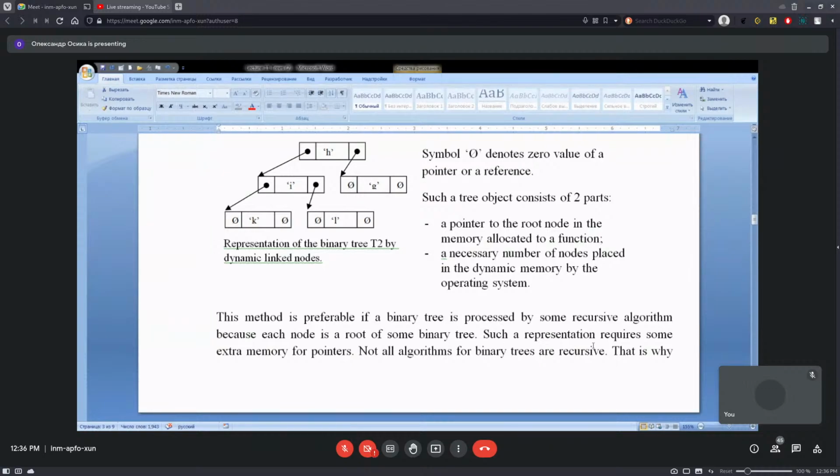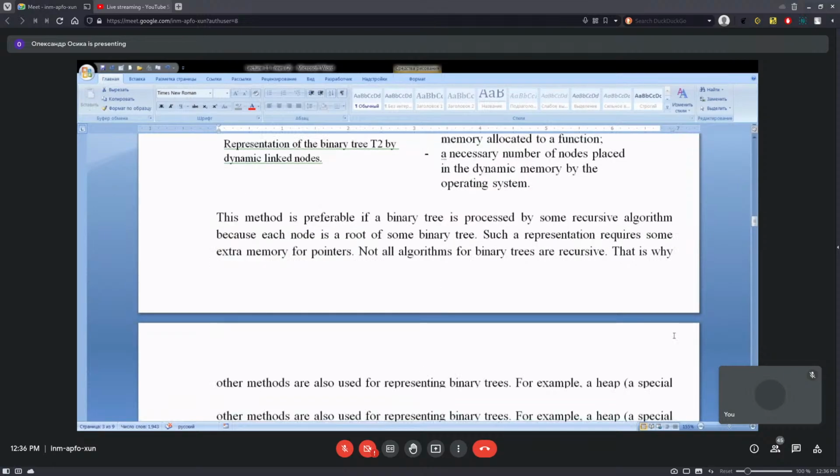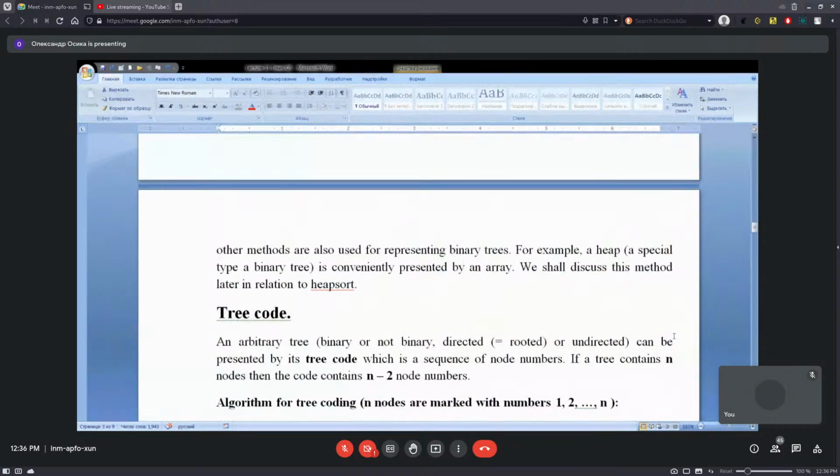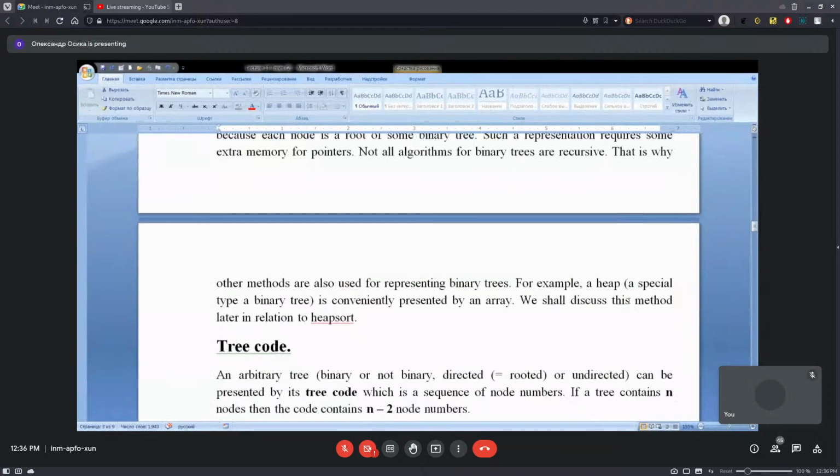Such a representation requires some extra memory for pointers. Not all algorithms for binary trees are recursive. That is why other methods are also used for representing binary trees. For example, a heap, a special type of binary tree, is conveniently presented by an array. We shall discuss this method later in relation to heap sort.